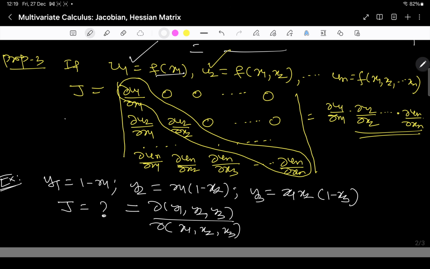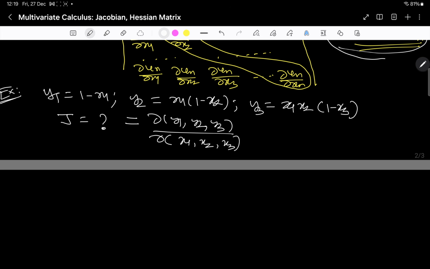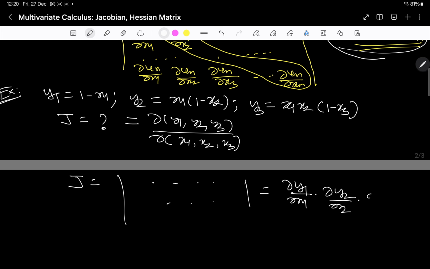You may have the details of this determinant, however if you evaluate this, it will be del y1 by del x1 into del y2 by del x2 into del y3 by del x3.